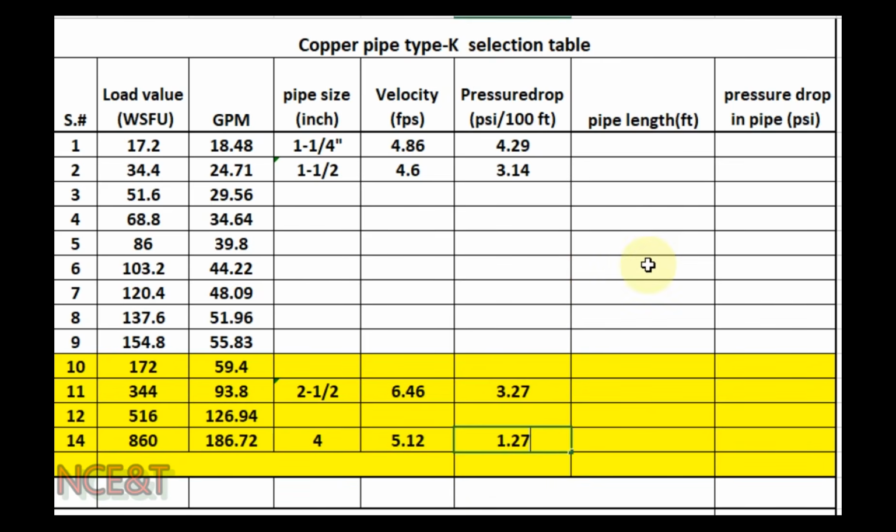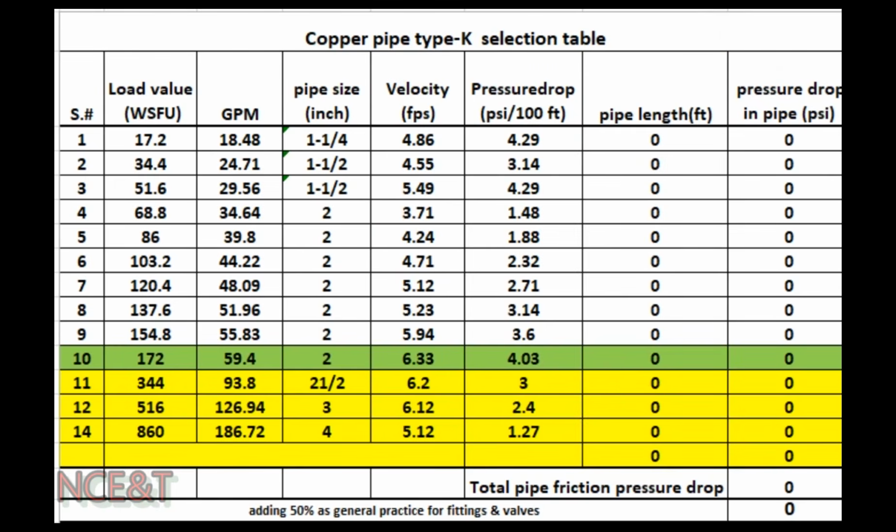In the same way, we can select the pipe size, velocity and pressure drop for all other sizes, and we have calculated these values. Let us fill in each pipe segment length. As our floor height is 10 feet, we will have each pipe segment of 10 feet. Let us put 10 here, 10, 10, 10.